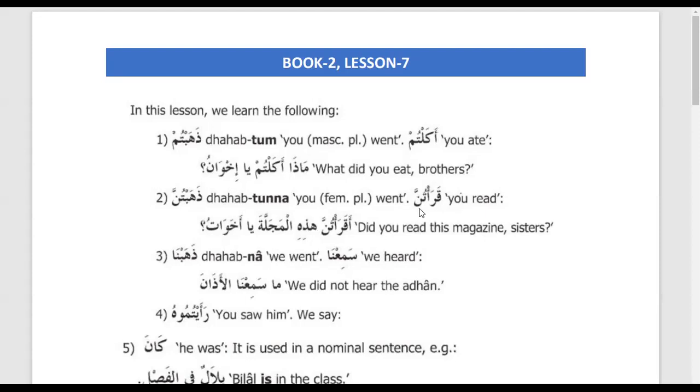If I am asking the males, like you all read, how will we translate it? Excellent. قرأتم. So as we can see here, ذهبتم, أكلتم, قرأتم, and similarly ذهبتن, and the same pattern will be أكلتن, قرأتن, خرجتن, and all the verbs will fall in the same pattern.